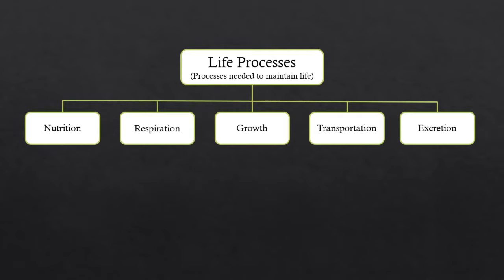Now, in certain organisms, like simple unicellular organisms, we don't have any specific organs for exchange of gases or for removal of waste materials from the body, because in these cases the entire surface of the organism is in contact with the surroundings. That is, for example, by diffusion, they can meet their oxygen requirement.